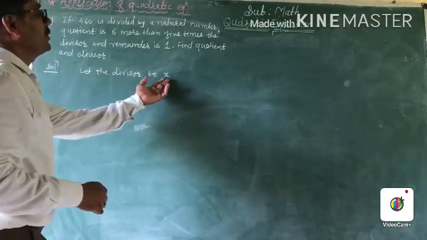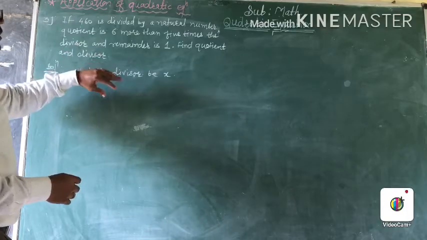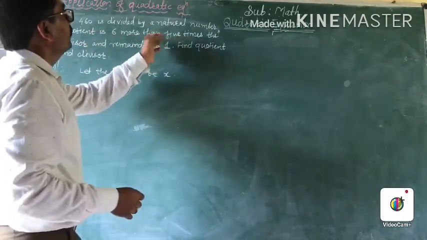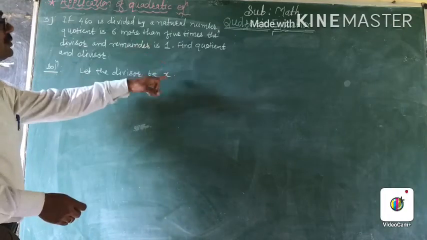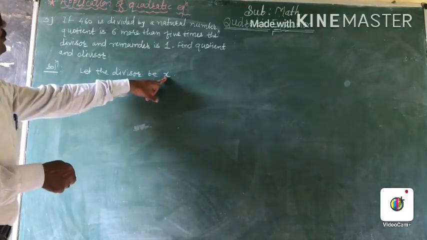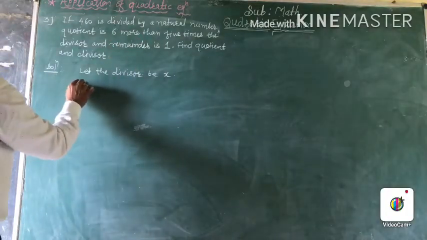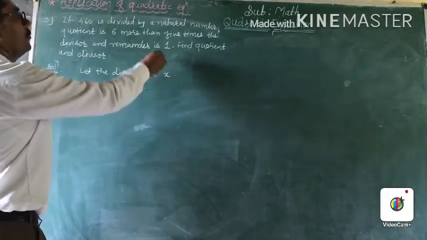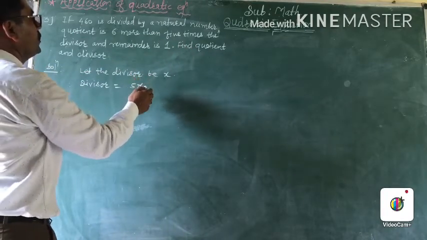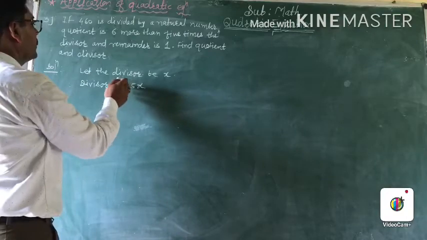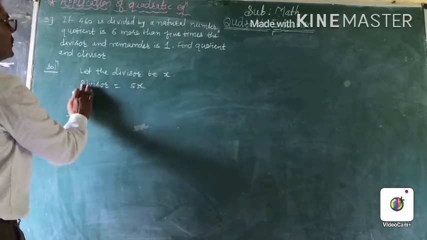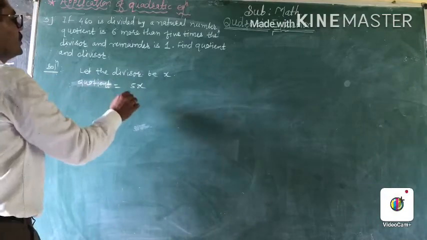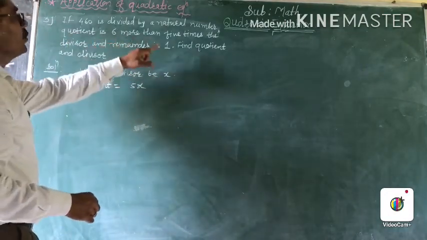If you divide by the divisor x, you get the quotient, but in the given condition the quotient is 6 more than 5 times the divisor.